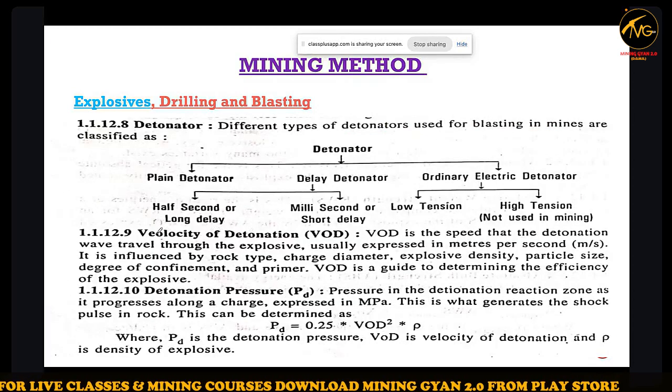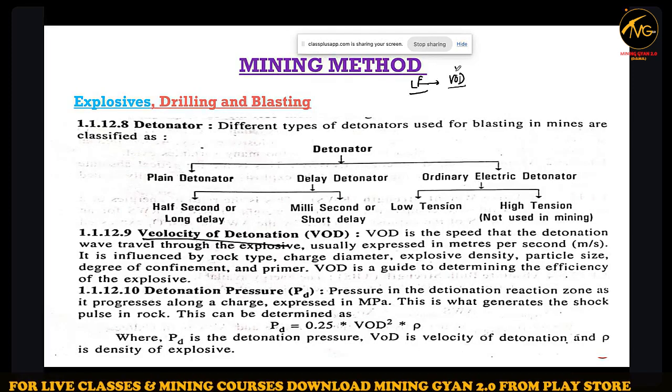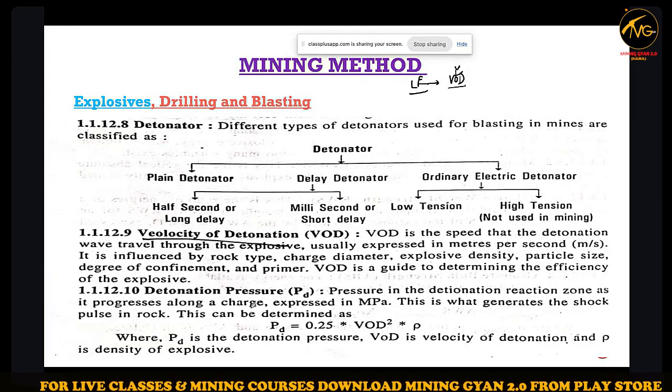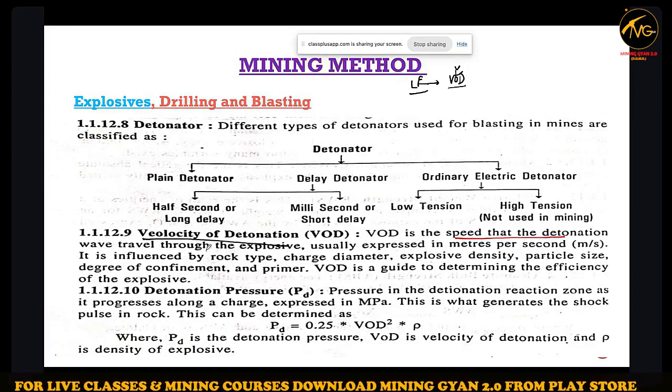Now come to velocity of detonation, VOD. I have told you in the low explosive that it has low VOD. So what is VOD? VOD is the speed that the detonation wave travels through the explosive.